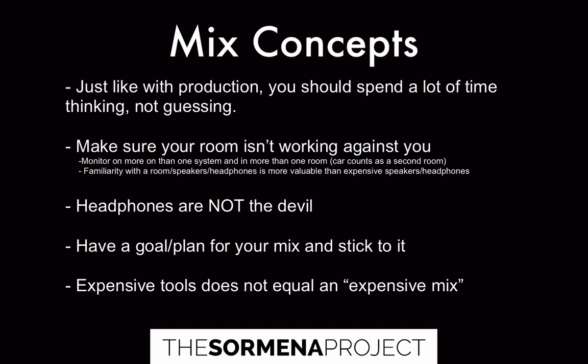You have to listen first and then go towards a direction. So if I listen back to the whole track and I'm thinking, that guitar, it really isn't bright enough, so I'm going to have to use the EQ. I'm not just going to randomly throw an EQ on and start guessing around to try to find the right setting if I don't already in my head know what it is I'm trying to accomplish.